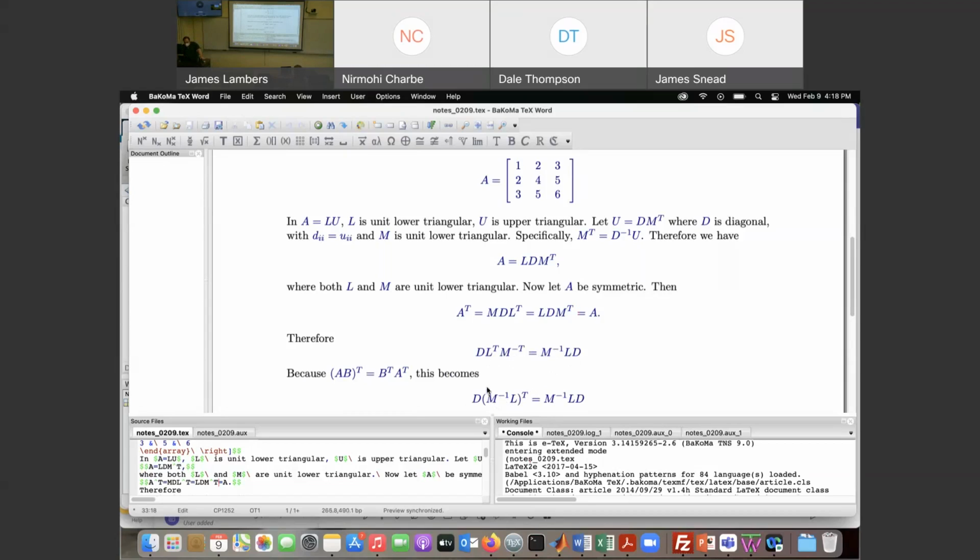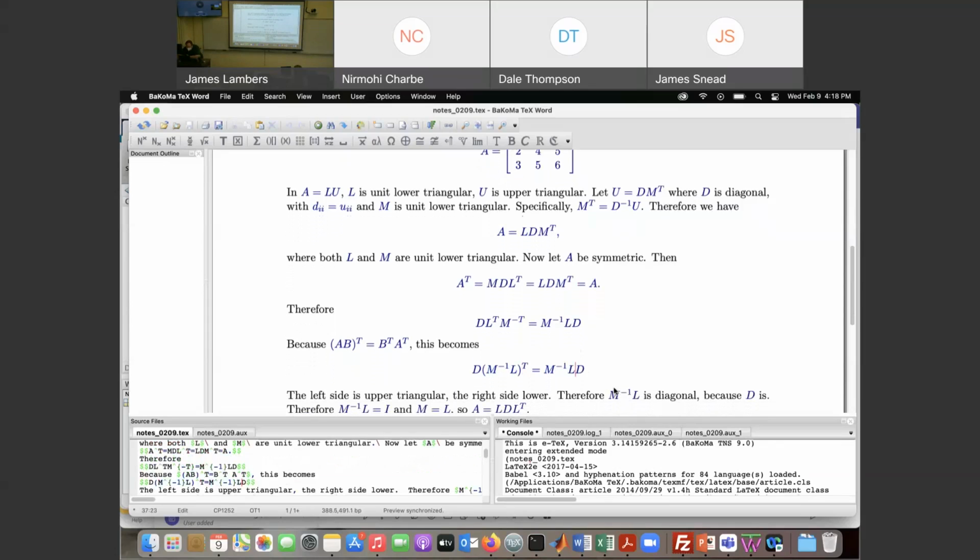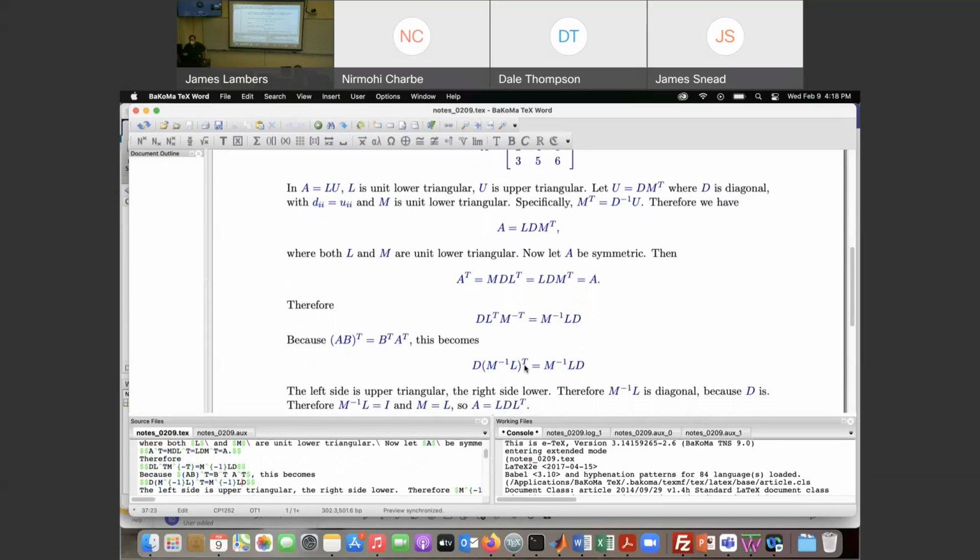So on the left side we have D times a unit lower triangular matrix transpose, and on the right the same unit lower triangular matrix times the diagonal matrix D, multiplied in the opposite order. Here we have diagonal times unit upper triangular, and here unit lower triangular times diagonal. Therefore, the left side is upper triangular, the right side is lower triangular. The only way they can be equal is if both sides are diagonal.